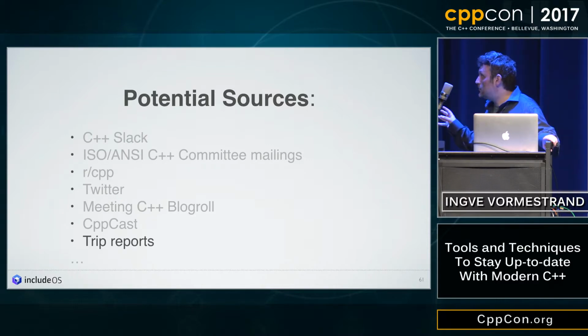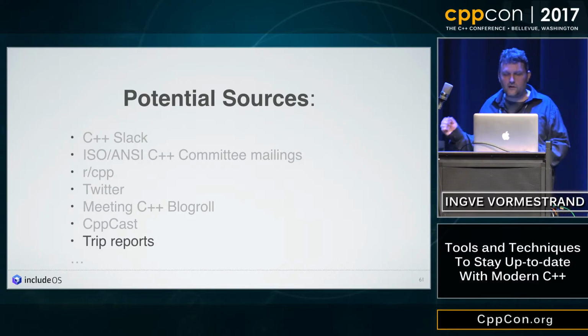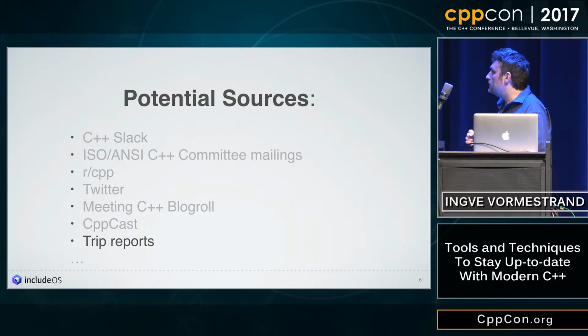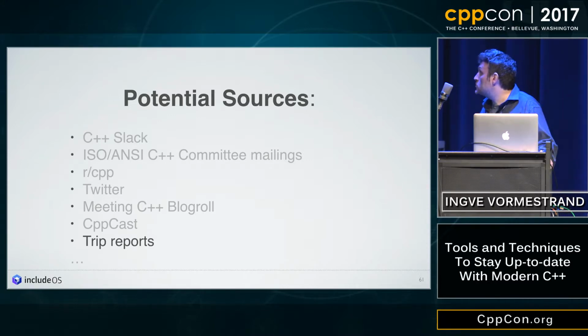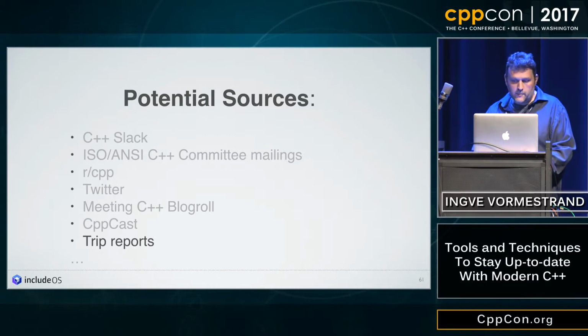They digest the papers, they give highlights, they explain things. It's tremendously useful. I don't know if there's a collection of the trip reports, but if you follow the C++ Reddit, most of them are posted there. They are really, really good. They are much more approachable than the raw committee mailings. Highly recommended.